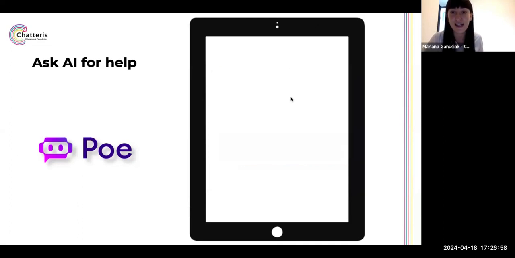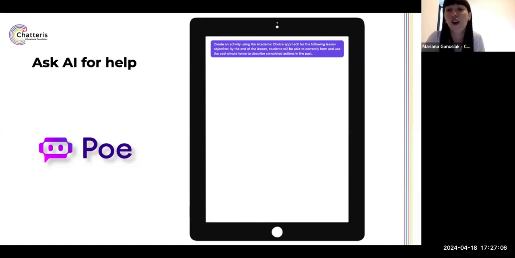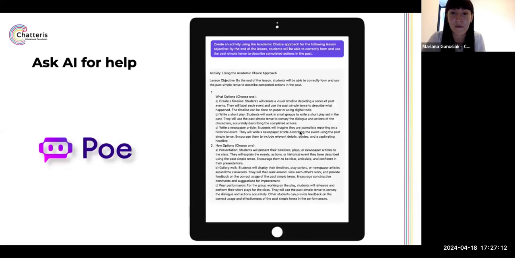After that, you can ask it, please design the activity using the academic choice strategy for the following lesson objective. And here I use an example with the past simple tense, with a grammar-based lesson. And there you go. It uses the same structure as you asked it to. It provides you the what options, it provides you the how options, and some very creative activities.